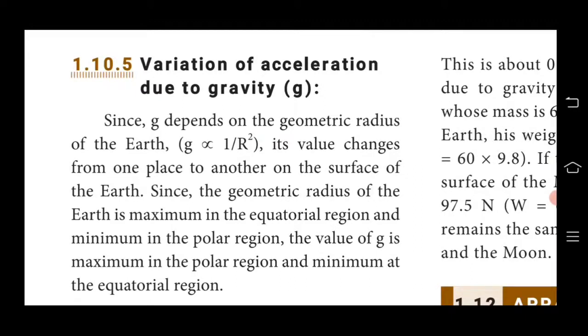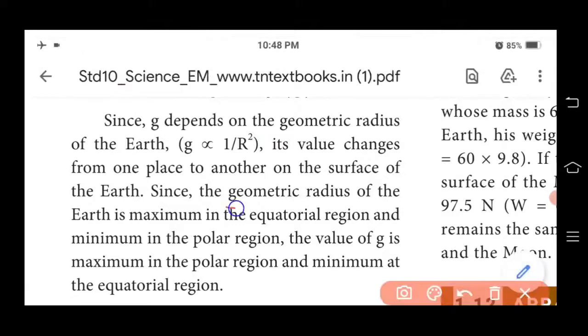This is because the geometric radius of the earth is maximum in the equatorial region and minimum in the polar region. Hence the value of g is maximum in the polar region and minimum at the equatorial region.